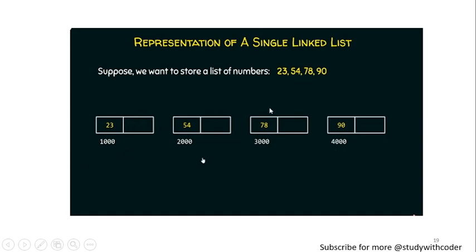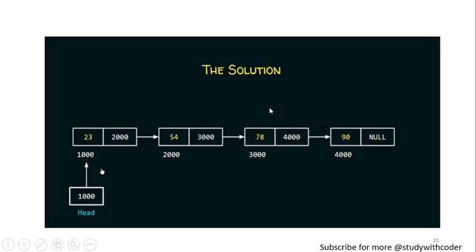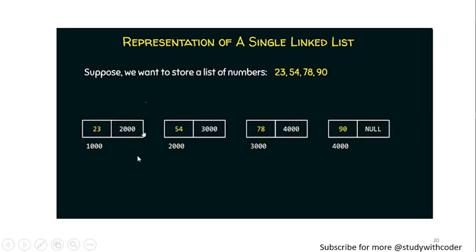Here we can insert the elements. This is the address of the next node, in which 54 contains the address 2000 and 23 contains 2000. It means 23 is linked to 54.